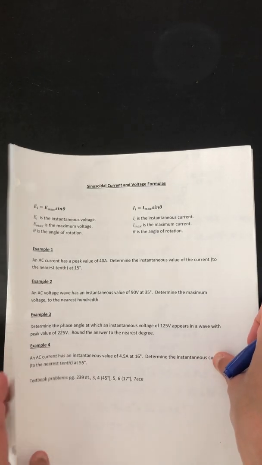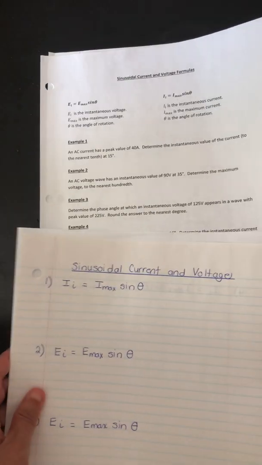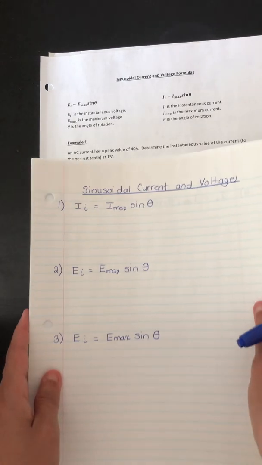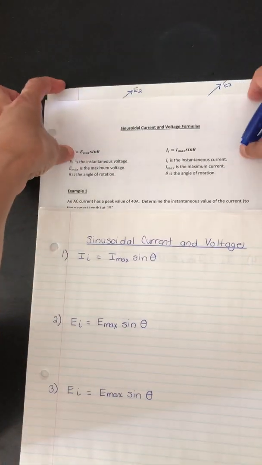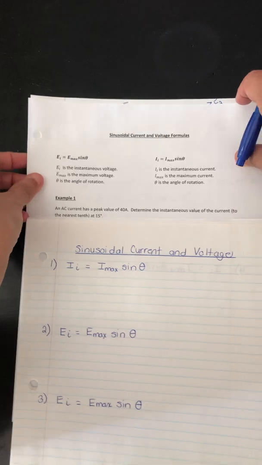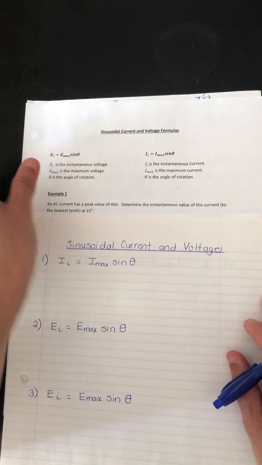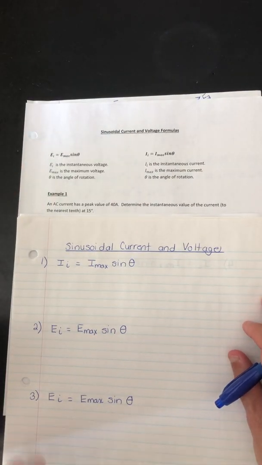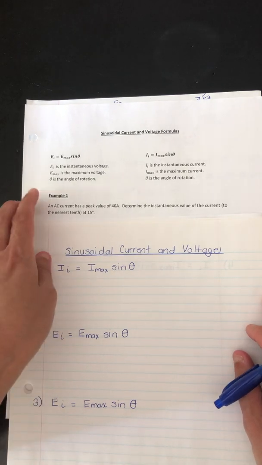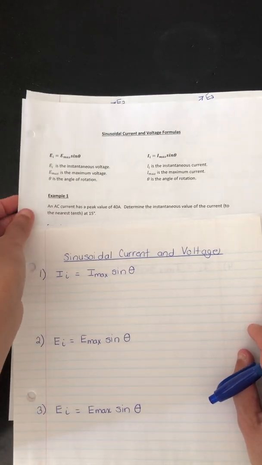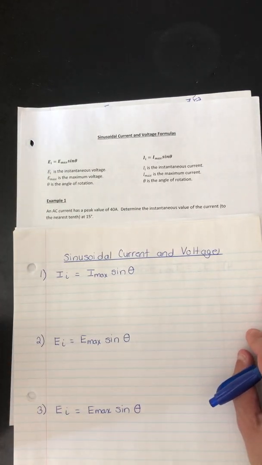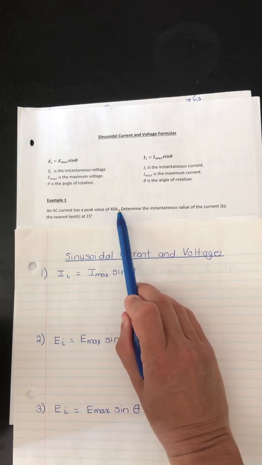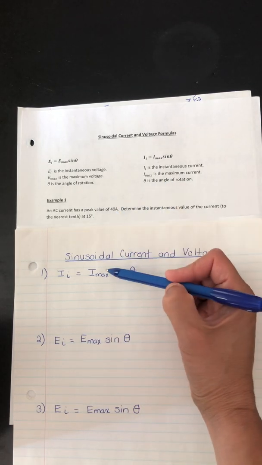Okay, so we're going to start with example 1. Okay, so let's read the problem and solve it. It says an AC current has a peak value of 40 amps. So that would be I max.